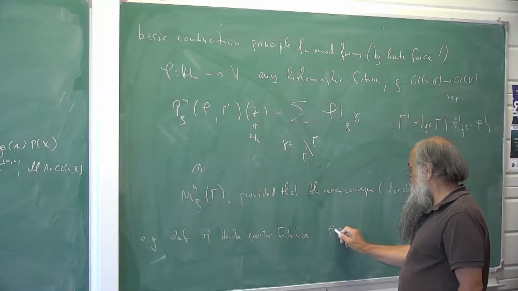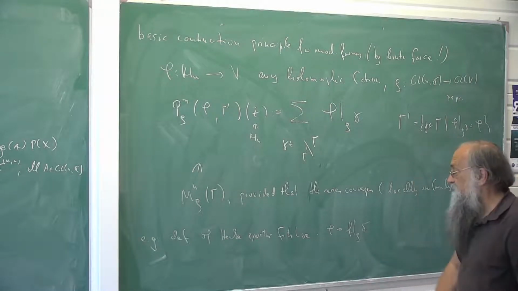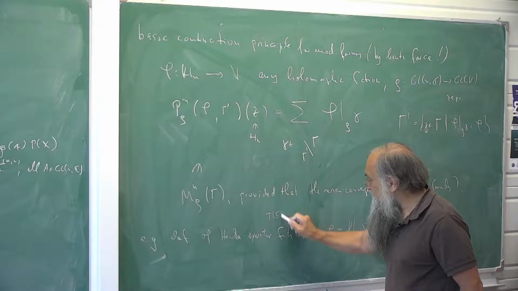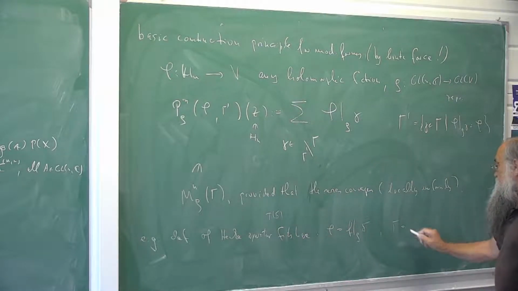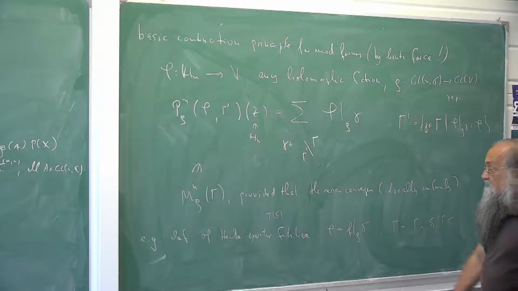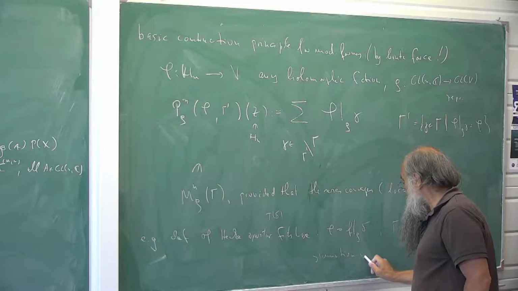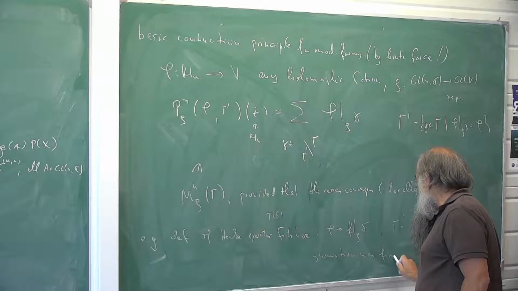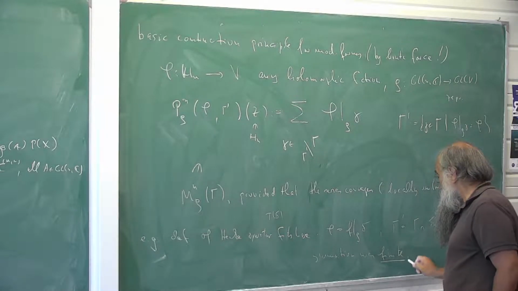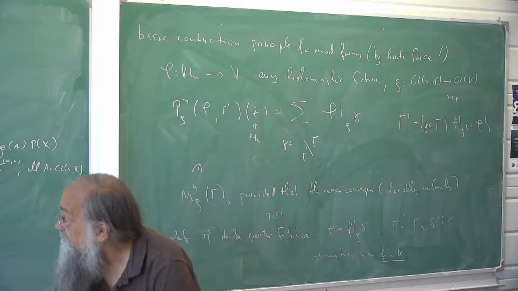Phi was f slash rho delta, and gamma prime was gamma intersected delta inverse gamma delta, and the summation was finite. Yeah, but this is only a side remark.